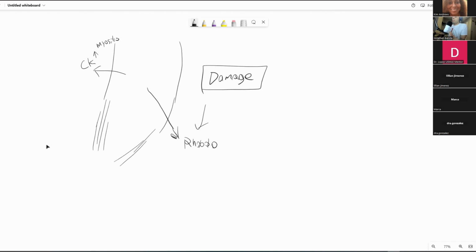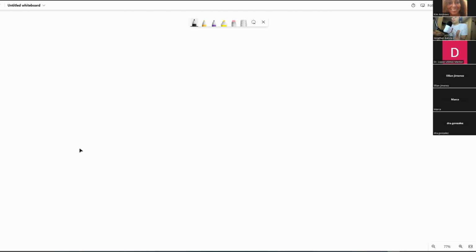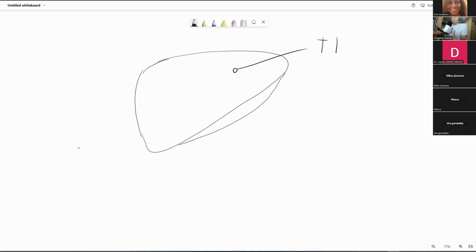That's muscles. Now let's look at the liver. Liver has functionality and it has damage. If we're going to understand the actual functionality, you guys probably had a question on this, especially if you have done UWorld: TT, thrombin time. I saw a question where they actually made it PTT.